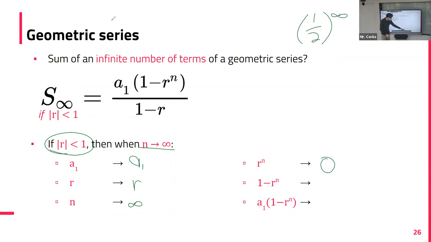So this is what you guys are trying to answer. 1 minus that thing will be what? That will get very close to 1. So now A1 times that thing will approach A1, the first term. So it kind of looks like we could just forget about that part.